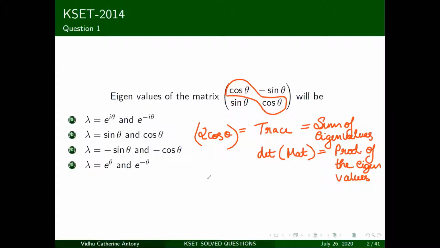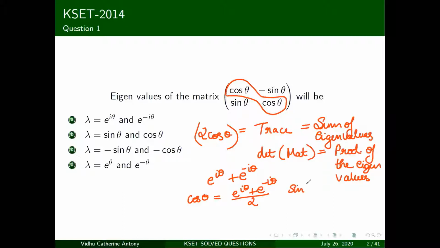So let's start with the first one, e to the power of i theta plus e to the power of minus i theta. Let's say cos theta is equal to e to the power of i theta plus e to the power of minus i theta, divided by 2.